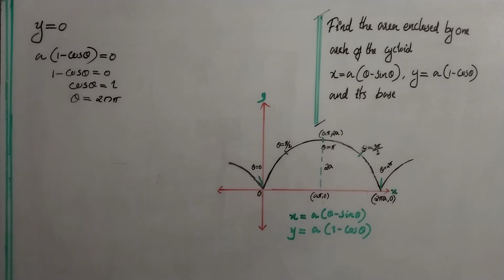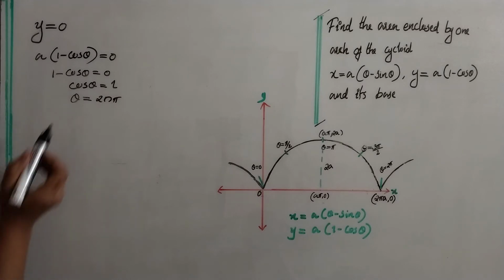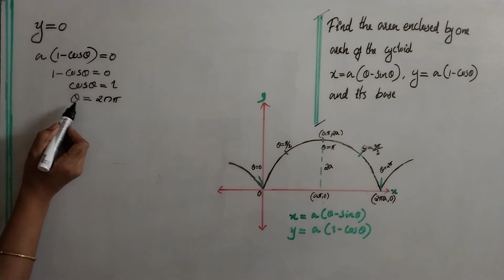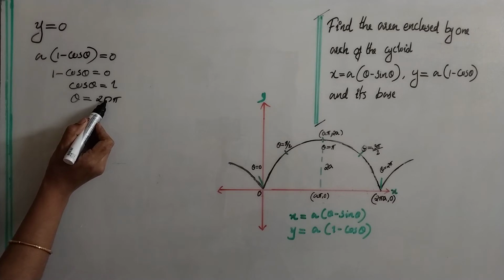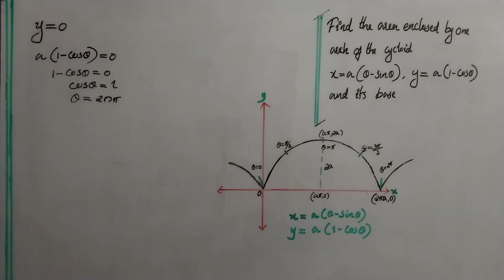Here n is an integer. Cos theta equal to 1 means theta is equal to 2n pi. Here n is an integer.